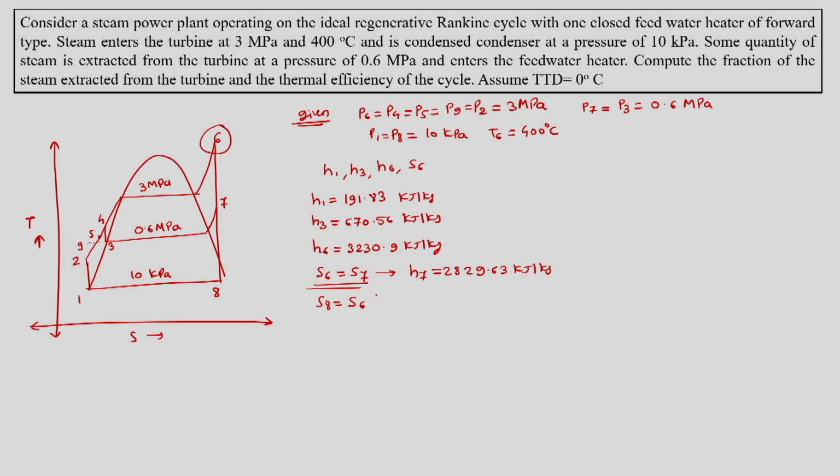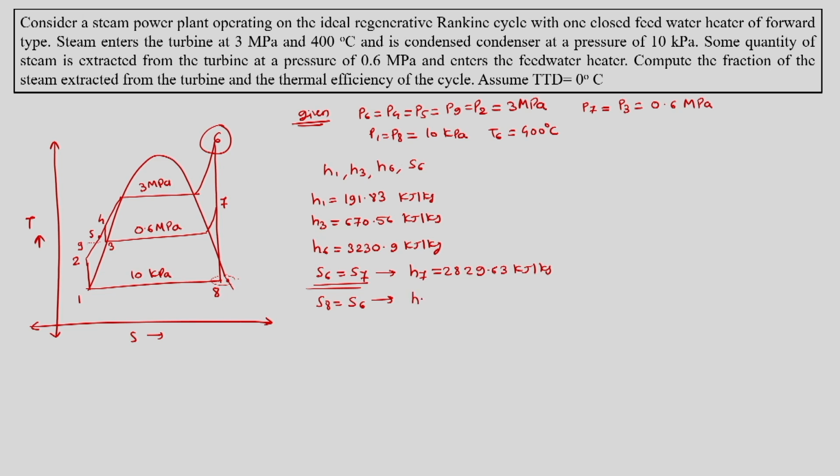In the same way, S8 is equal to S6, and from that we can get the enthalpy at state 8. Here we again need to see whether point 8 has entropy higher than the saturated vapor phase or lower, and accordingly we would have to calculate the dryness fraction if it is lower.